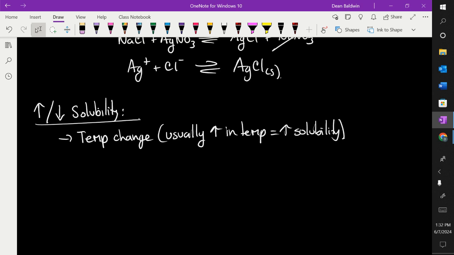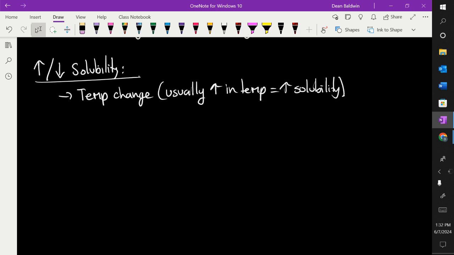Okay? But you can also do common ion stuff, so we tie it to equilibrium.